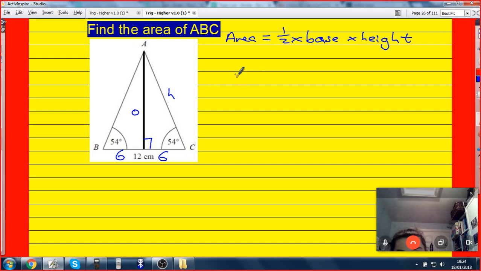So then you want to find O, so you would do sine 54. Yeah. Sine 54 equals.